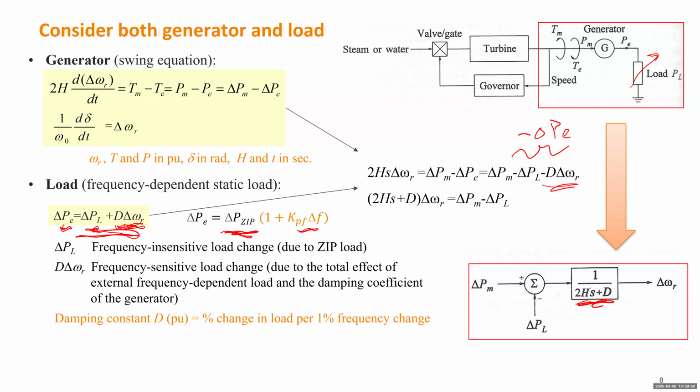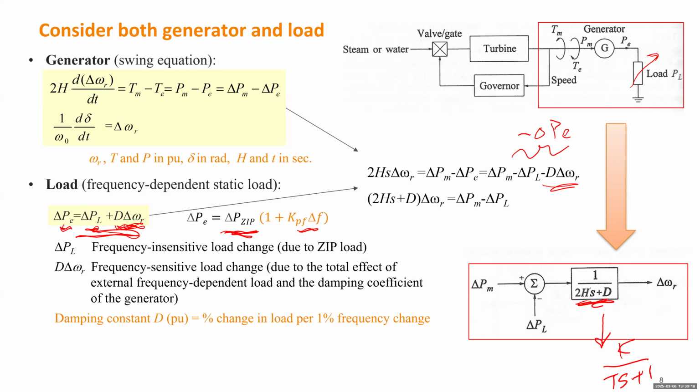So this is a first order system. You can definitely change this first order system to some standard form like Ts plus 1. If we change it to this form, the K will be the gain, and the T or tau here will be the time constant. That will be the true time constant, determined by both H and D. So on the generator alone, you cannot determine the time constant.